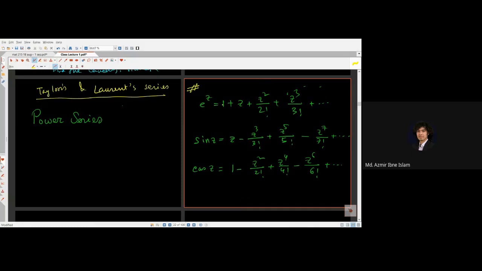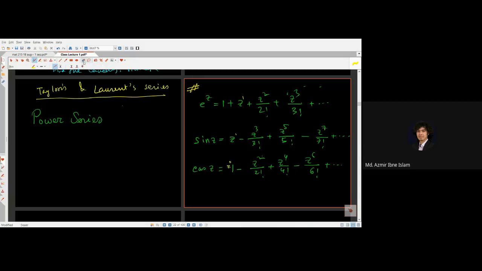You can see this is a power series, e to the power z: z power 1, z power 2, z power 3 up to infinity. Similarly, here we have z power 1, z power 3, z power 5, z power 7. So this is a power series. For cosine z, we have z power 0, that means 1, then z power 2, z power 4, z power 6.